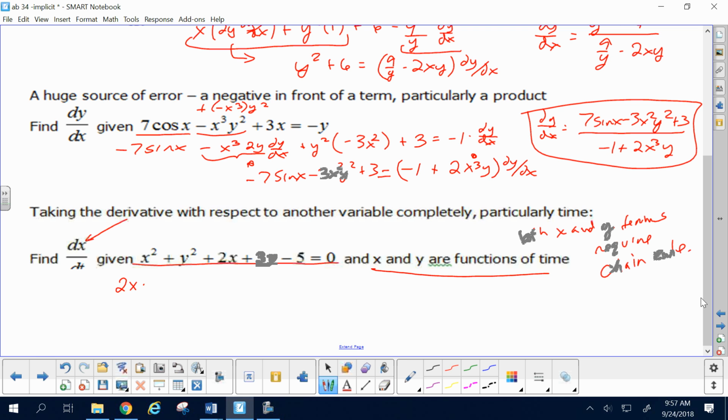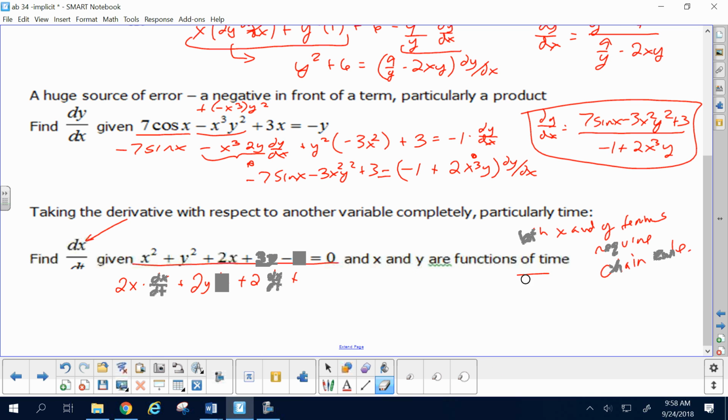How is that written in calculus? dx dt, right? Plus, what's the derivative of y squared with respect to time? 2y dy dt. Plus derivative of 2x, 2 derivative of x with respect to time. Plus the derivative of 3y, 3 dy dt. Derivative of a constant is still 0.